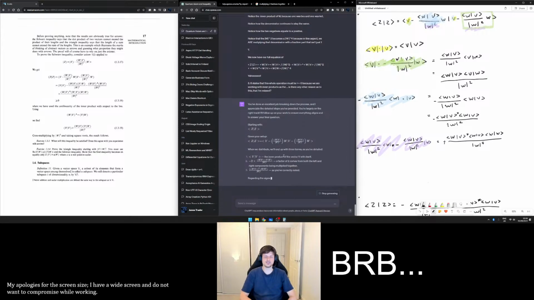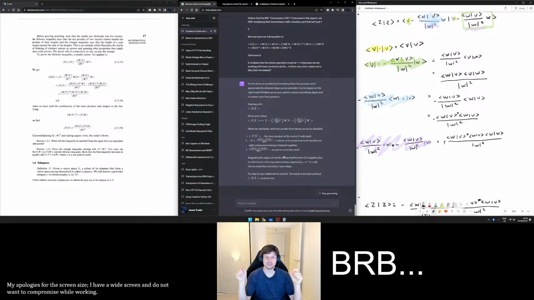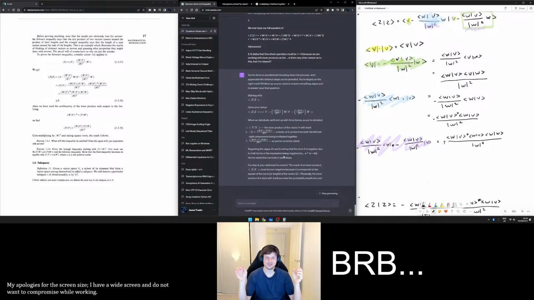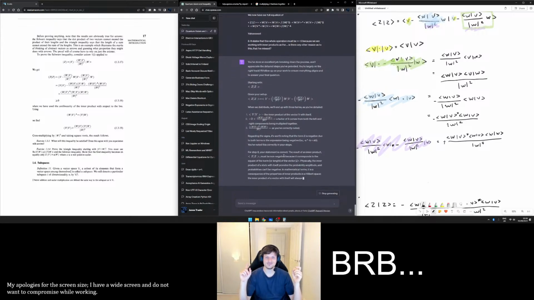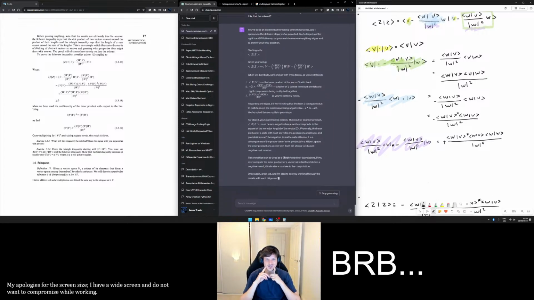Yep, so starting with ZZ, we get that. When we distribute, we'll end up with these three terms, as you detailed. Yep. Well, it's not squared, it's the conjugate. I must have written it wrong.